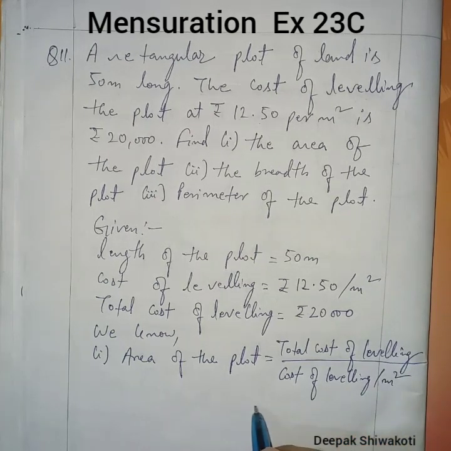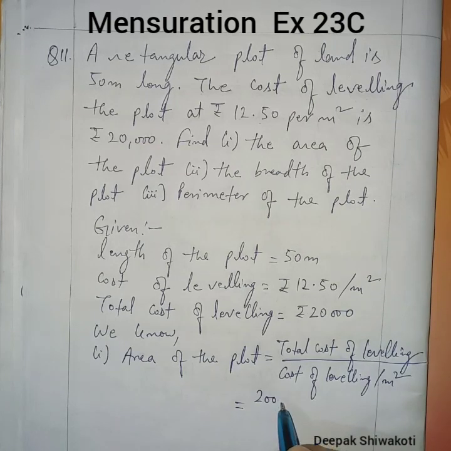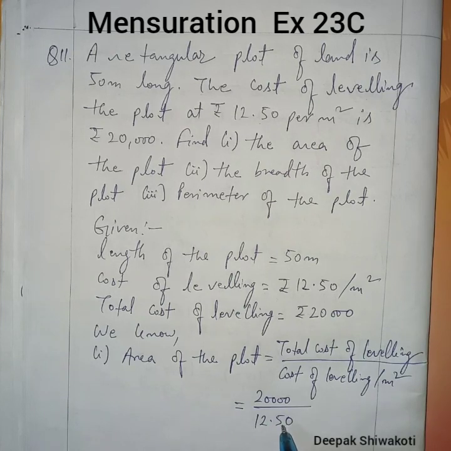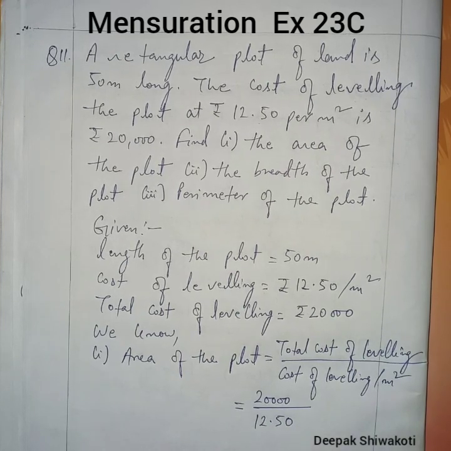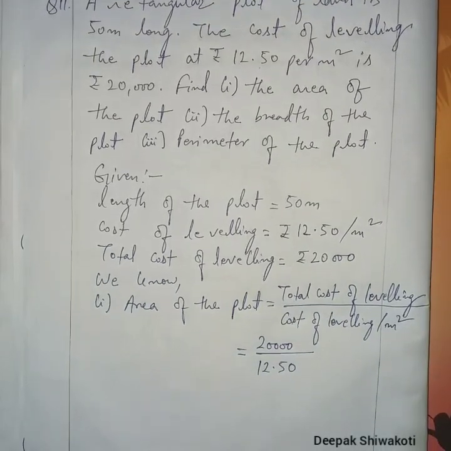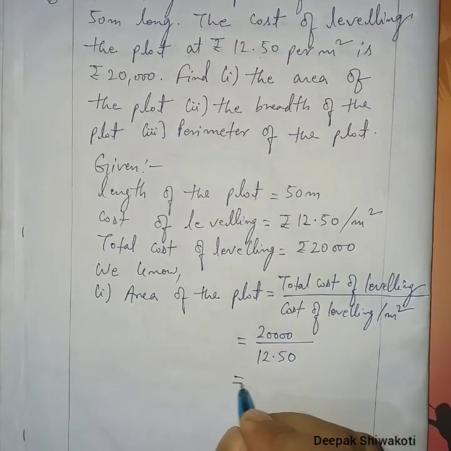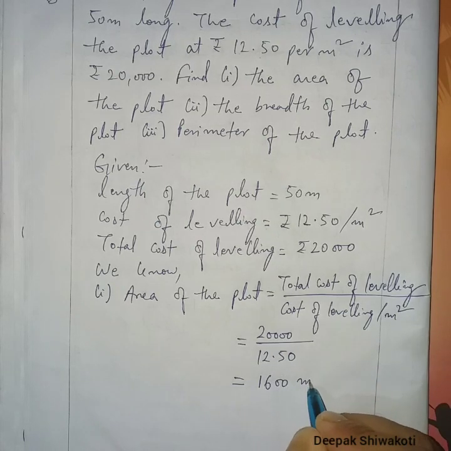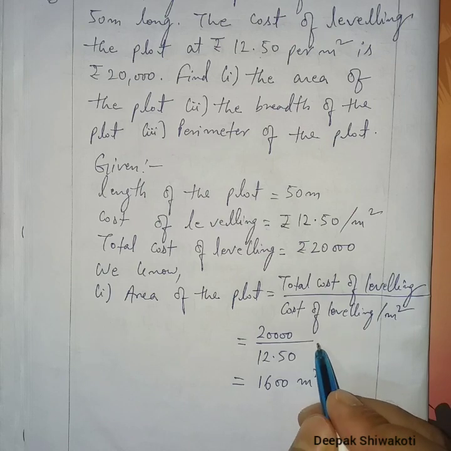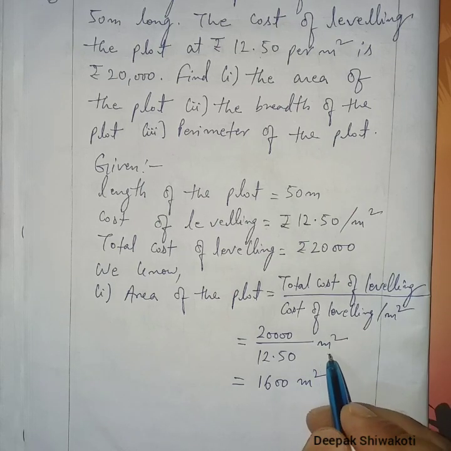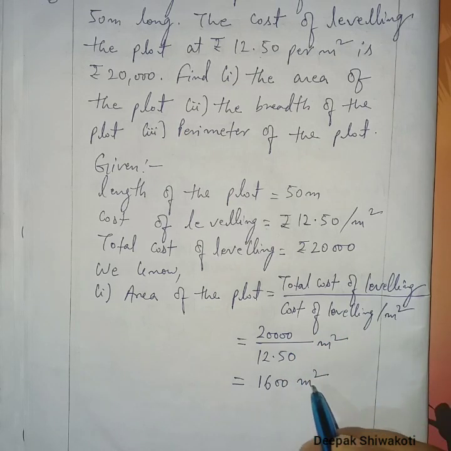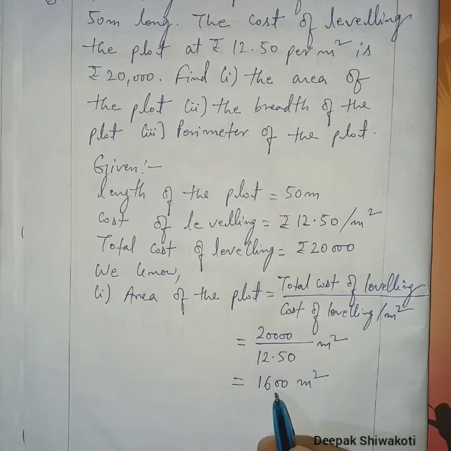Okay, so which is equal to 20,000 by 12.50, and when we divide it we'll get 1600 meter square. Okay, the unit of area is meter square, since cost of leveling is given per meter square. So this much is the area of that rectangular plot.